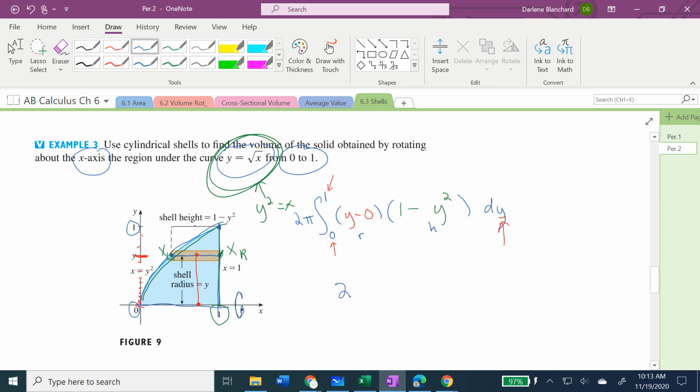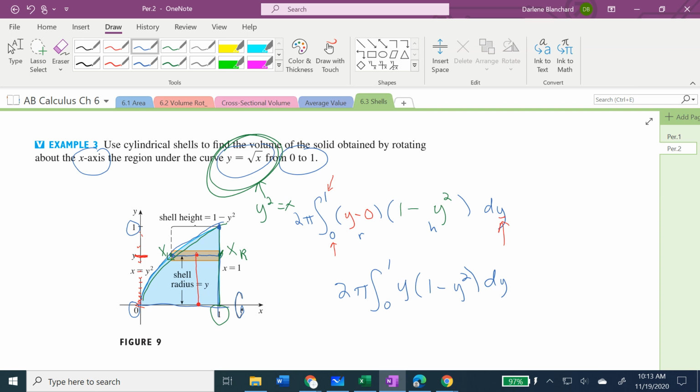And then I can clean it up a little bit, but I'm not going to go through the full integration. Once you get to this point, it's just a matter of using the distributive property and then power ruling through. The height is basically that same height that we had for when we were doing just area.